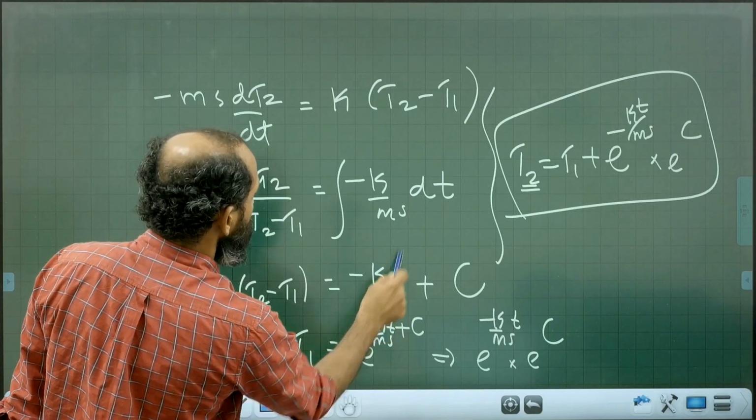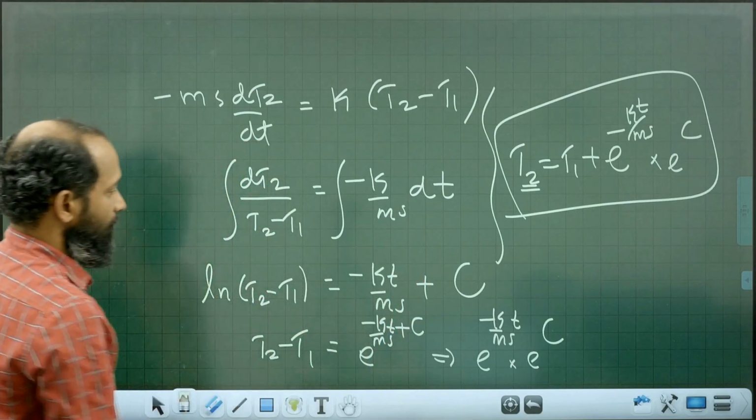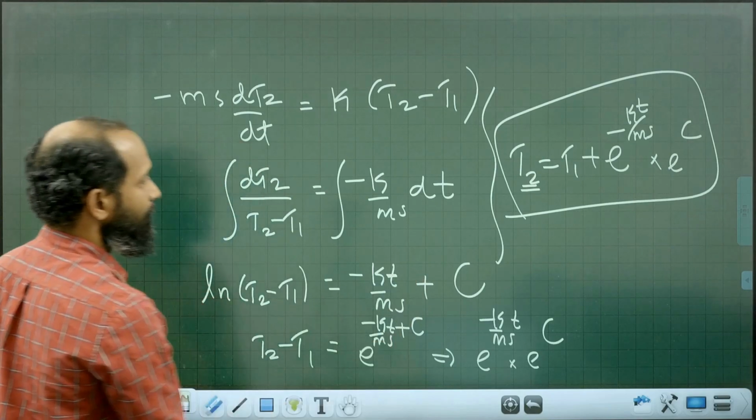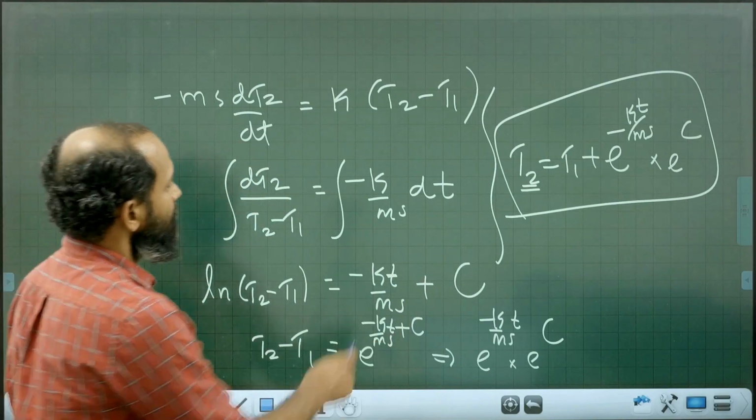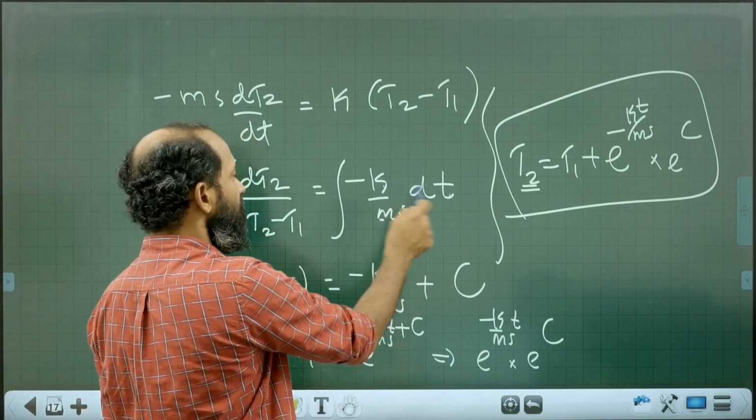I forgot to write t here. Integral dt is t, since K by ms is constant. Now it is correct.